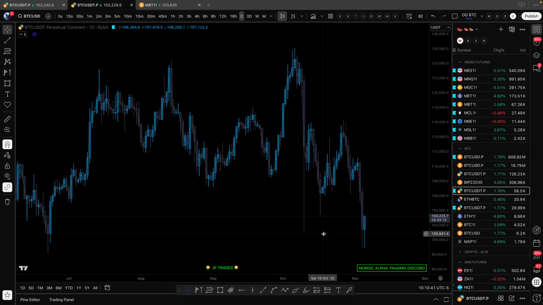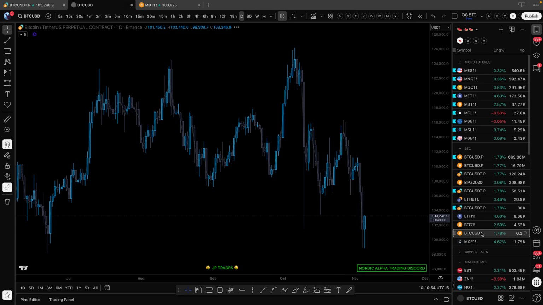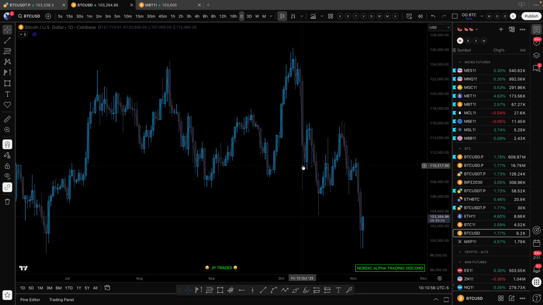See, this one here, the USDT on Bybit, was a very, very clear SFP. The USDT pair on Binance, very close to call. Let's take a look. See, on Coinbase, this wick wasn't anywhere near down here.